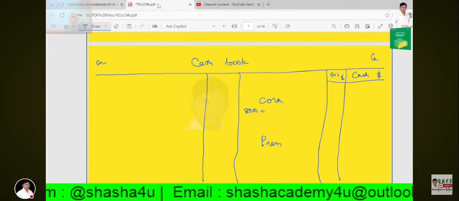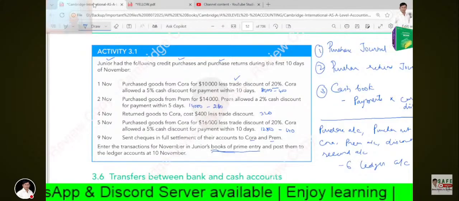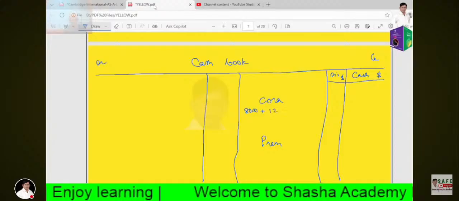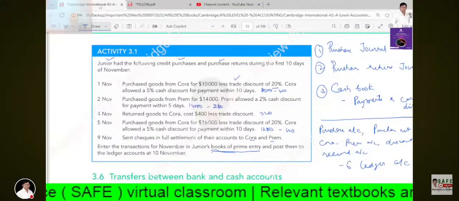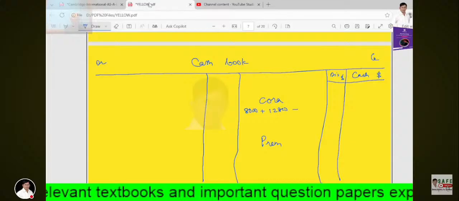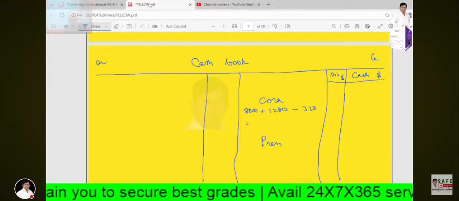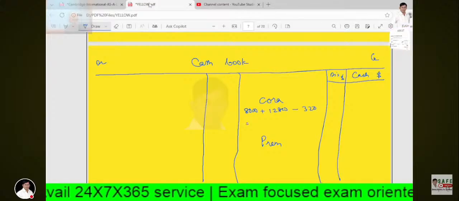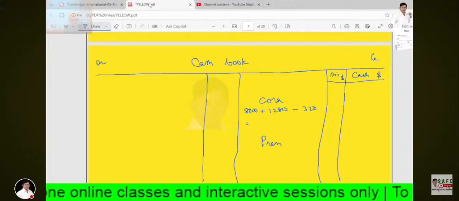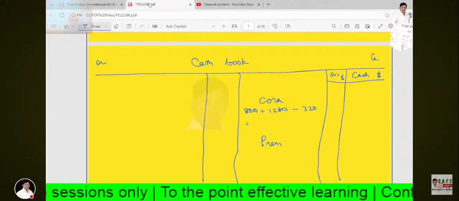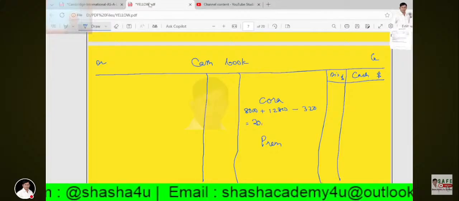So 8,000 plus 12,800 minus what you have returned, 320. You have to pay 20,480.